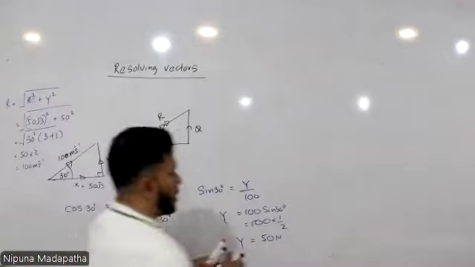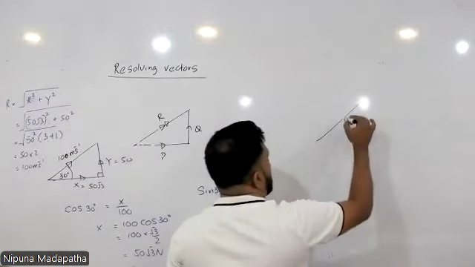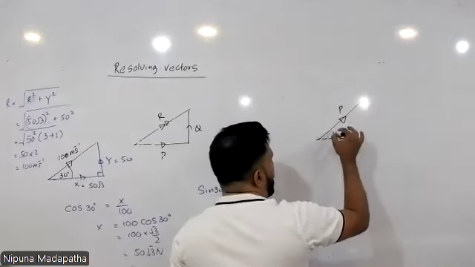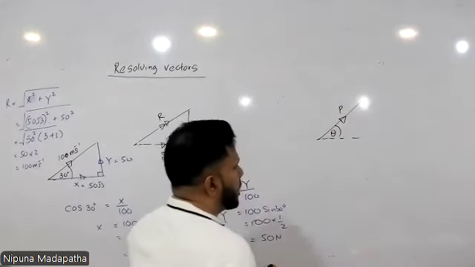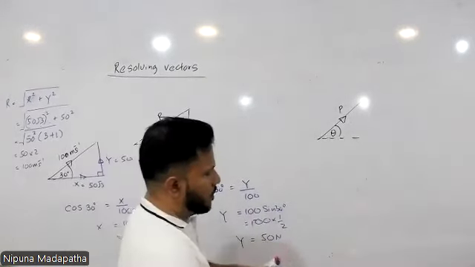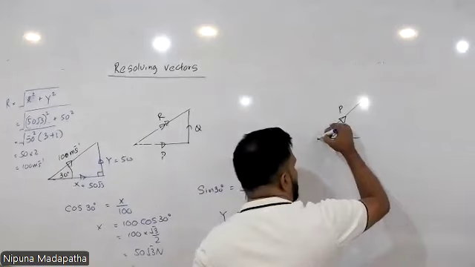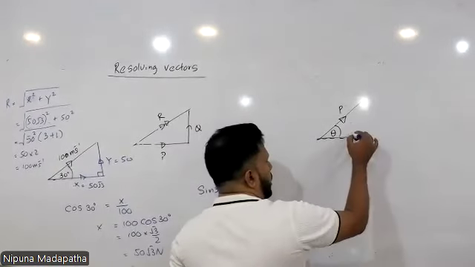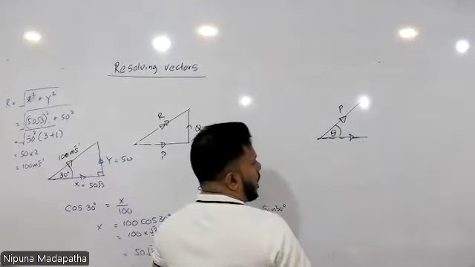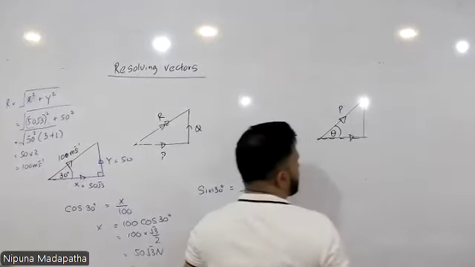If a vector is given with an angle, suppose we have a vector P and the angle is theta, what is the x component or horizontal component of this vector? You can draw this. This is the x component and this is the y component.